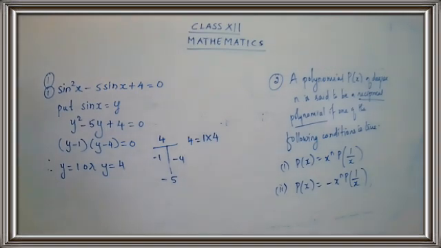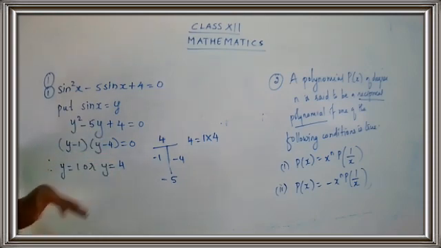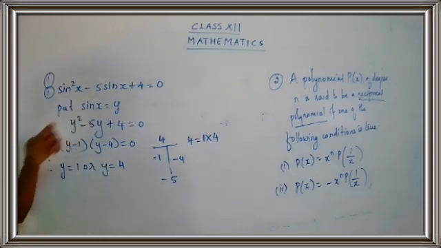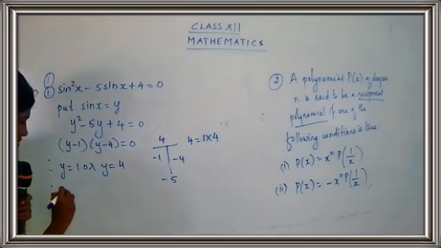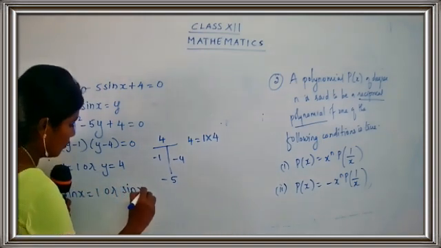Now I am going to replace it again. I don't want the answer in terms of y, I want the original one. I have taken y as sin x, so in place of y, I am going to put sin x. Therefore, sin x is equal to 1 or sin x is equal to 4.